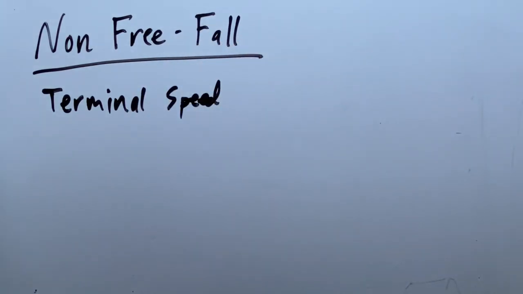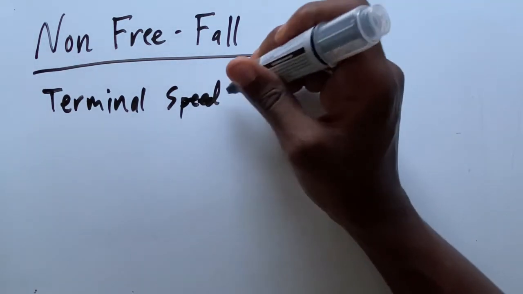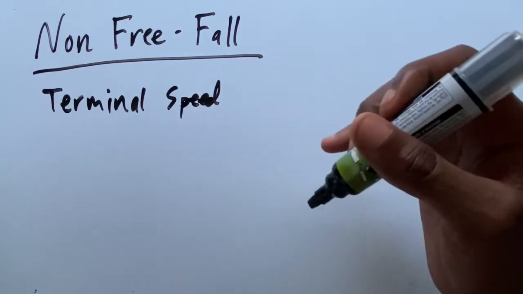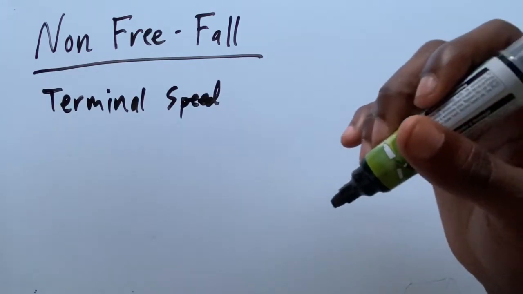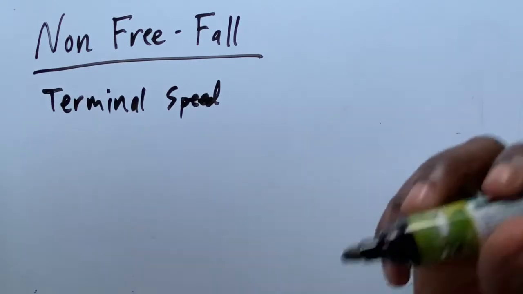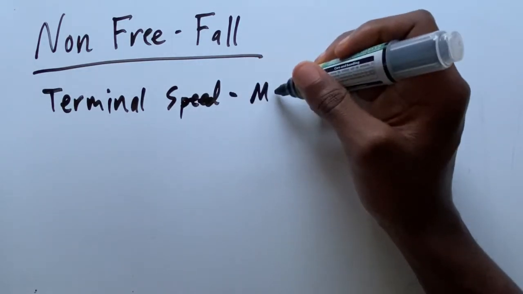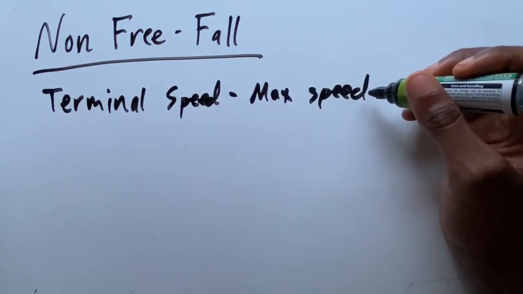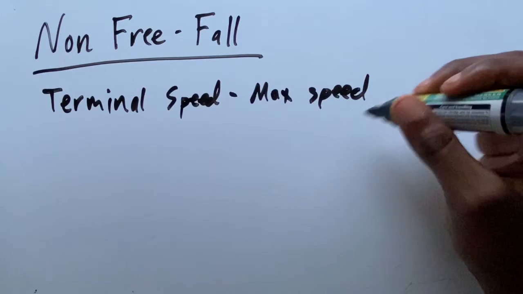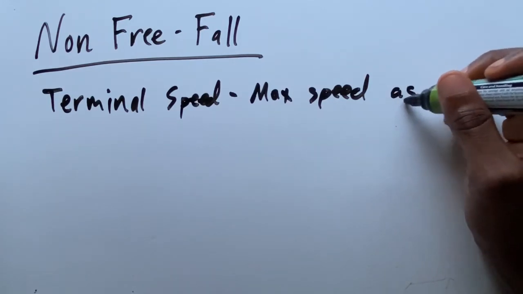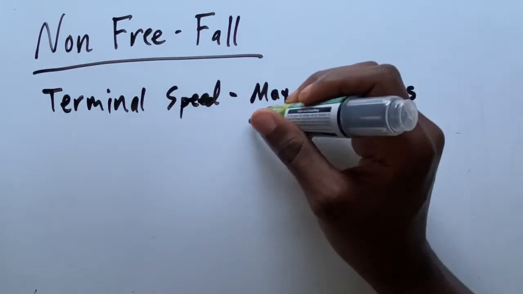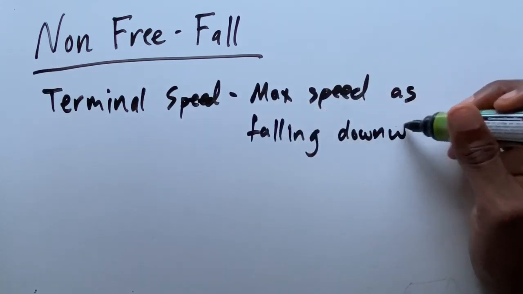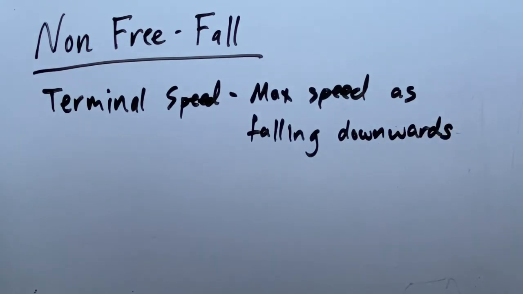Terminal speed is basically going to be the maximum speed that you reach when you're falling downwards. So this is going to be your max speed as falling downwards. So what do I mean by that?